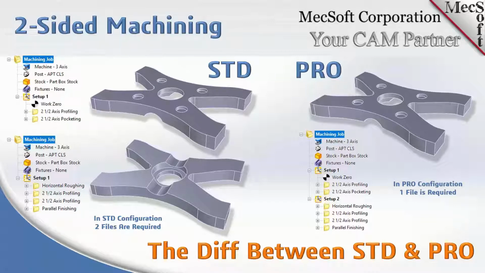If you have the Pro, life will be a lot easier for you for doing this, primarily because you don't need a separate file. You can just add a multiple setup. As you can see in the machining job here, we have setup 1 for the top side, setup 2 for the bottom side, and basically you're just orienting setup 2, orienting the coordinate system such that you are facing the bottom side.